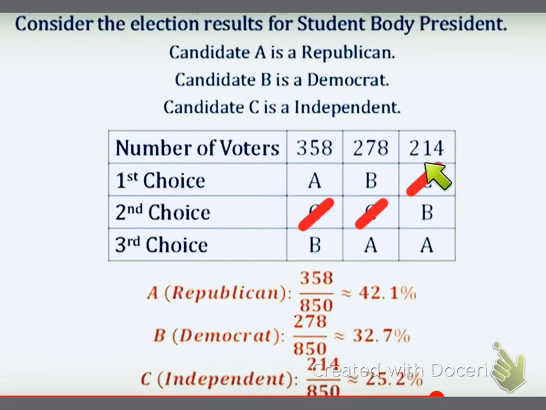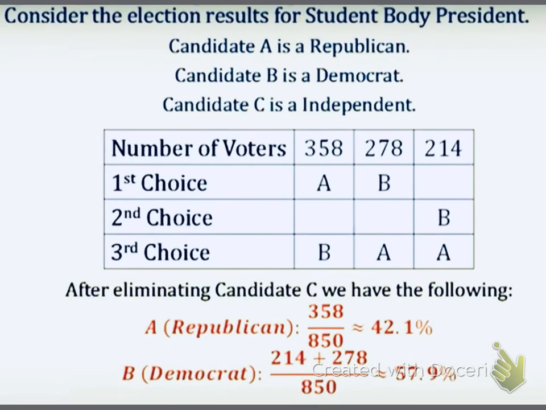These votes should go to B, so these 214 votes are going to go up to B. This eliminates insincere voting because people are going to vote who they want to vote for, and because they can rank their candidates, they know if their candidate loses they're going to get their second choice. So it eliminates that whole insincere voting thing. Here are the results under this method, and you can see 214 plus 278 gives you 58%.